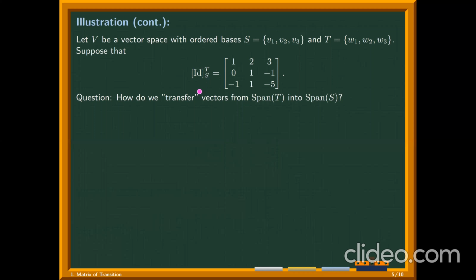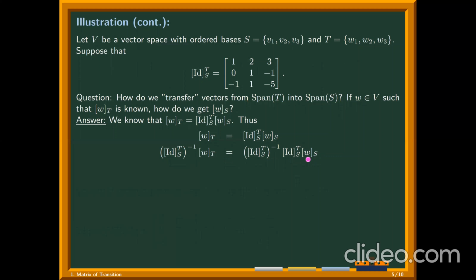We know that the transition matrix is invertible. So in this equation, we can multiply both sides by the inverse of the transition matrix from S to T on the left side. So here, the product of this by this is just the identity matrix. So the left-hand side is just reduced to the coordinate vector of W with respect to S.